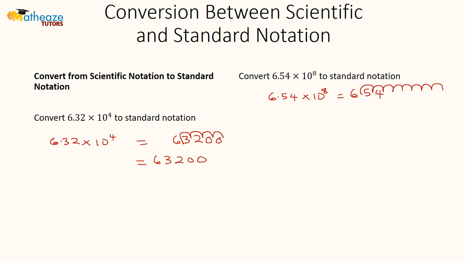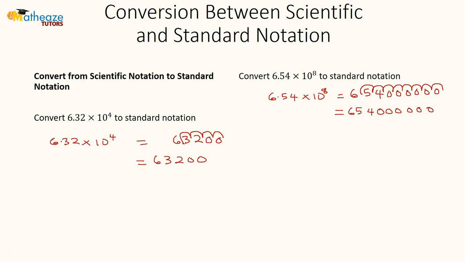And everywhere there's an empty space, you're going to put zeros under them so that you can create your new number, which is 654, then 1, 2, 3, 4, 5, 6 zeros.